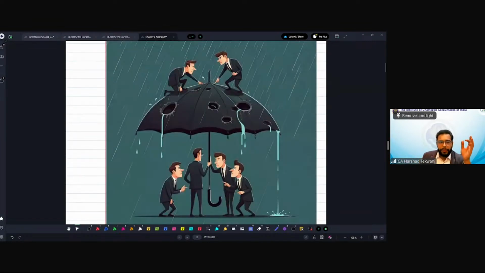If you see this image, the umbrella is bigger because the level of internal controls placed is bigger, because we now have more people in the organization.